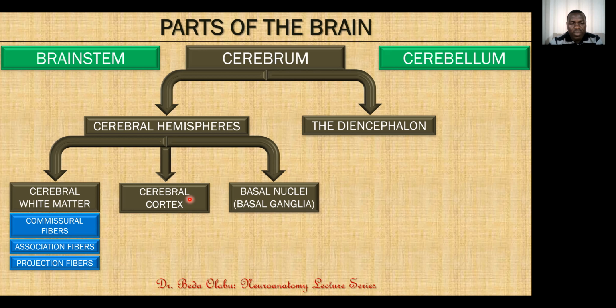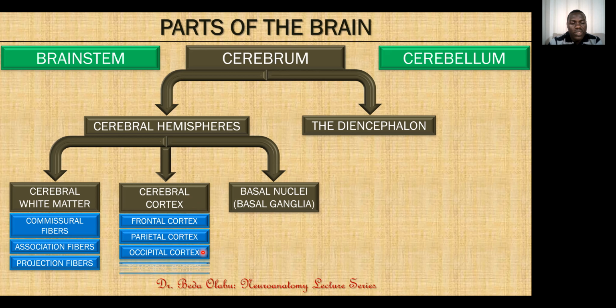With regard to the cerebral cortex, we mentioned that the cortex, yes, it is convoluted. There are many gyri and sulci, but there's some sulci that we can use to divide the brain into lobes. And sure enough, we did divide the cerebral cortex into 4 lobes: the frontal cortex, parietal cortex, occipital cortex, and temporal cortex.